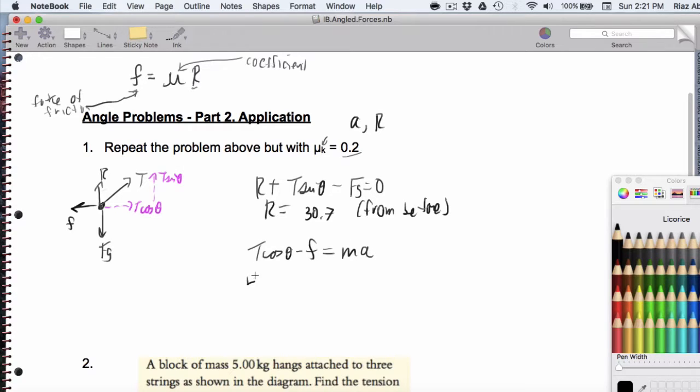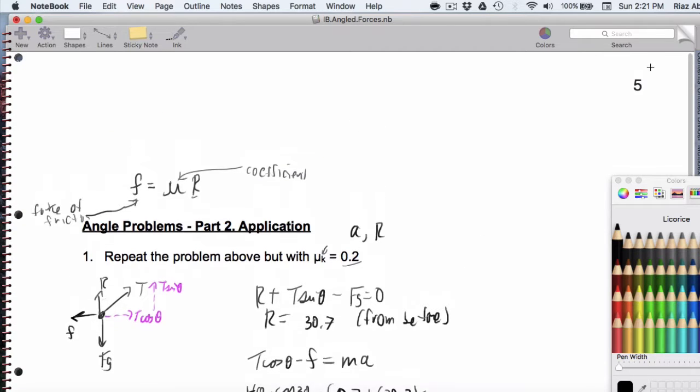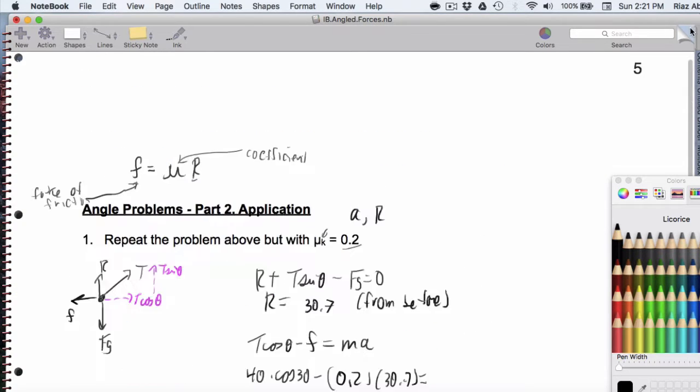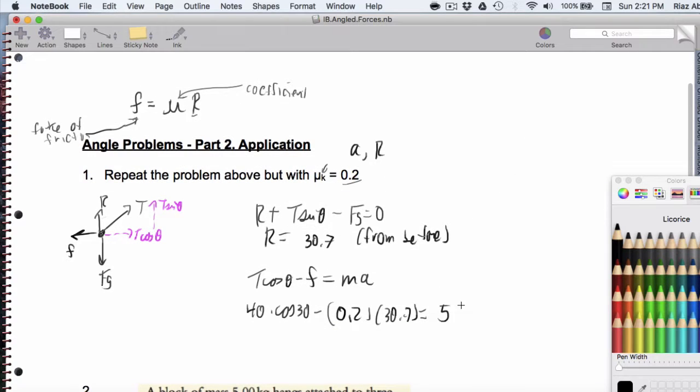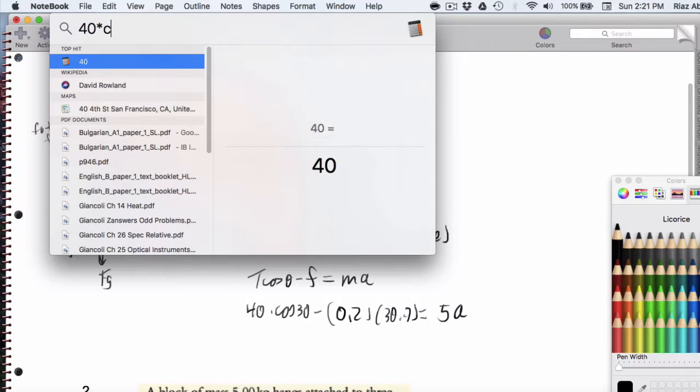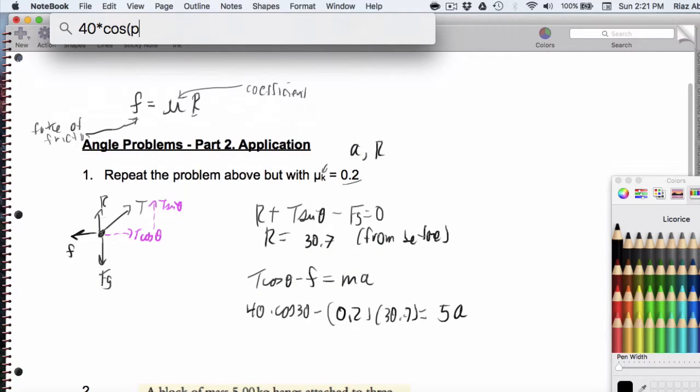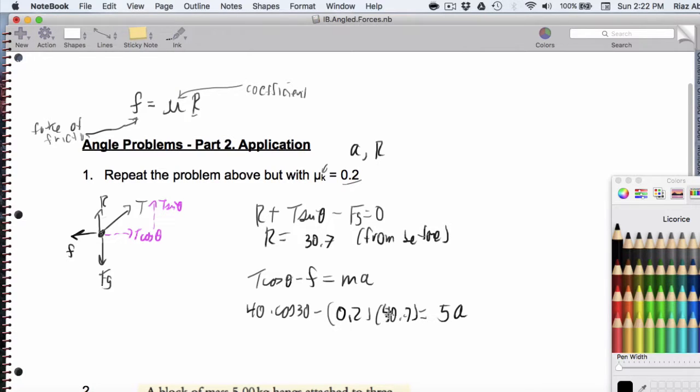That's going to be 40 times the cosine of 30 minus 0.2 times 30.7 equals, and our mass is 5 times a. So we end up getting, for our acceleration, sorry, this is 40 degrees right here.